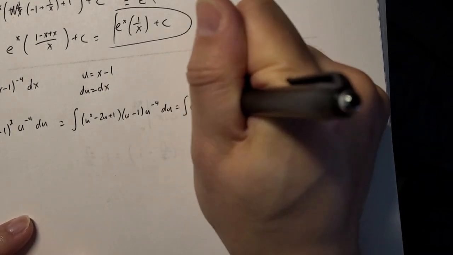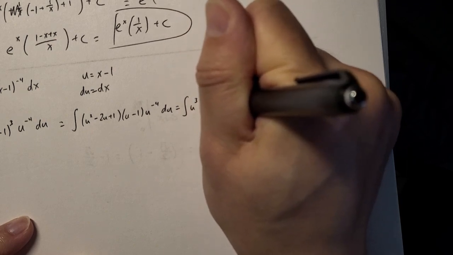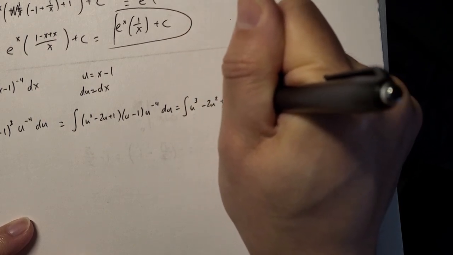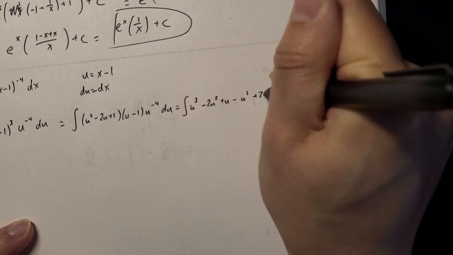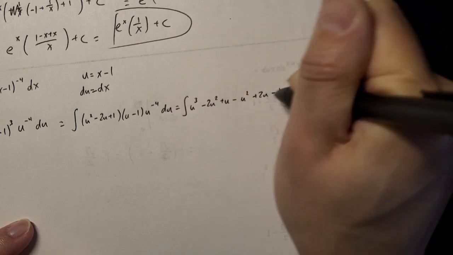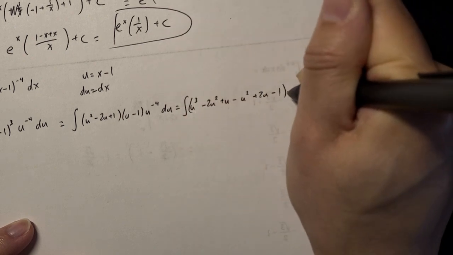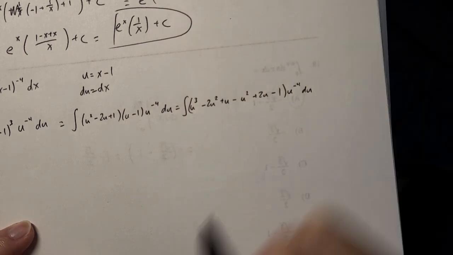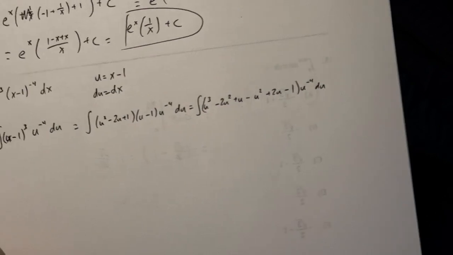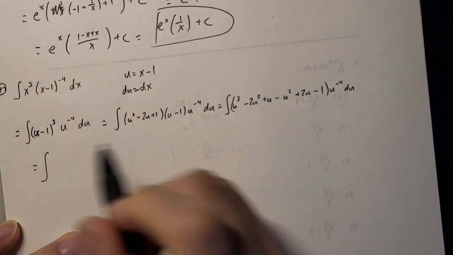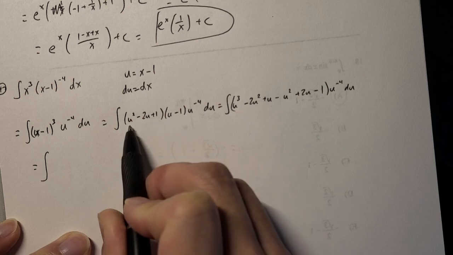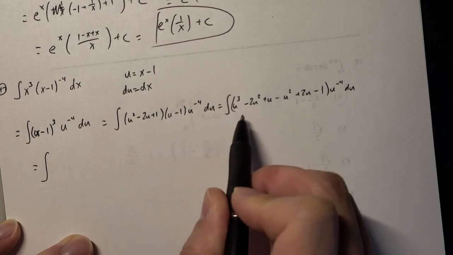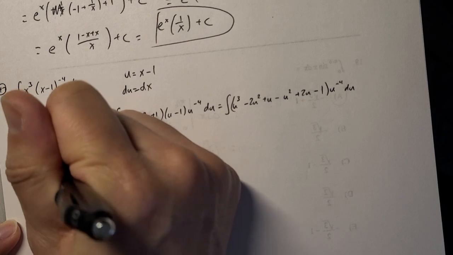It'll be u cubed plus 2u squared plus u plus u squared plus 2u plus 1, times u to the negative 4 du. Let me double check. That looks right.